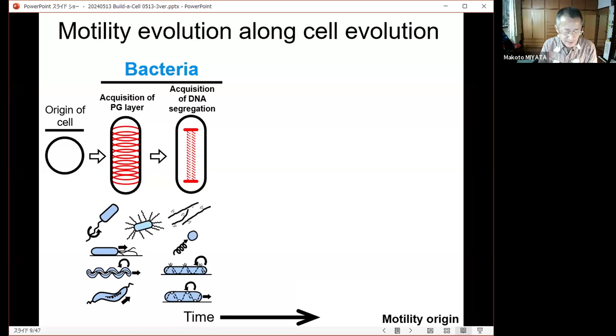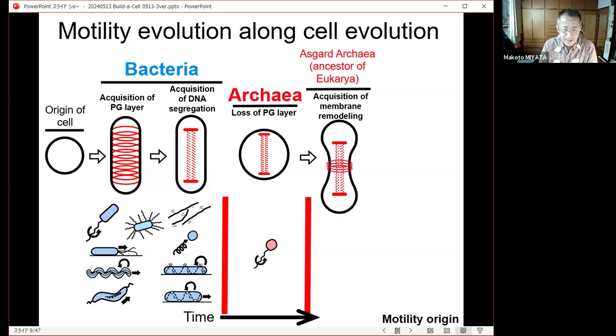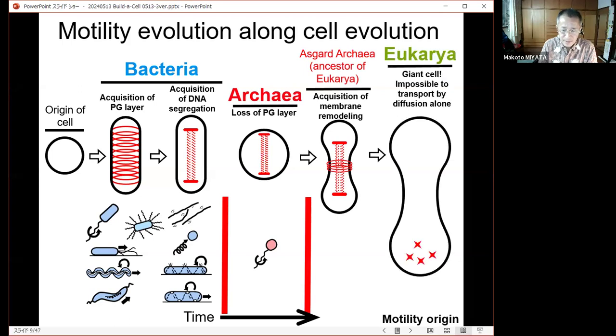So these systems didn't transmit to the archaea or the eukarya. We don't know the relation between the bacteria and the archaea, but archaea has only one motility system. Some of the archaea achieved a membrane remodeling mechanism, so they became Asgard archaea, and the Asgard archaea finally became a eukarya.